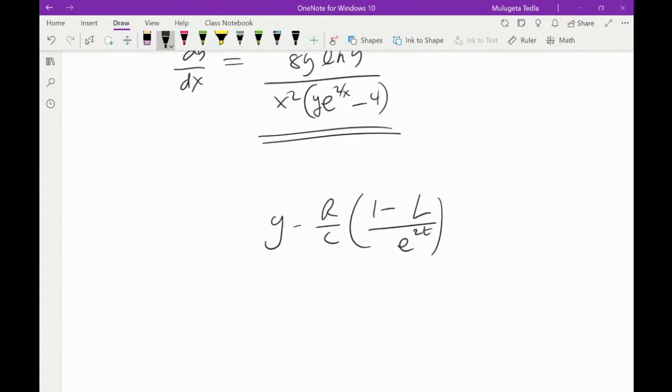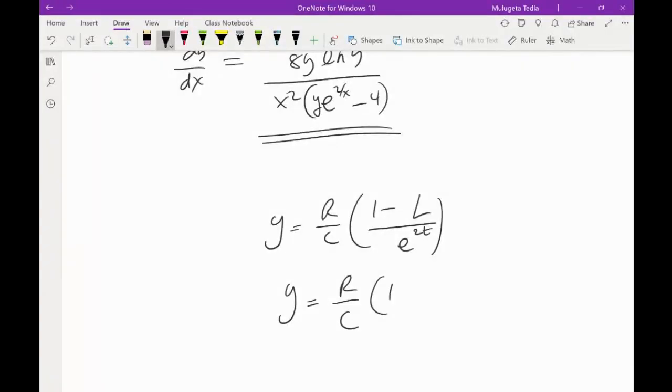The engineering formulas are R over C times 1 minus L e to the minus 2t. So usually they write it in such a way, but in math, the instruction is to have the final answer with positive exponents. It doesn't mean it has significance.